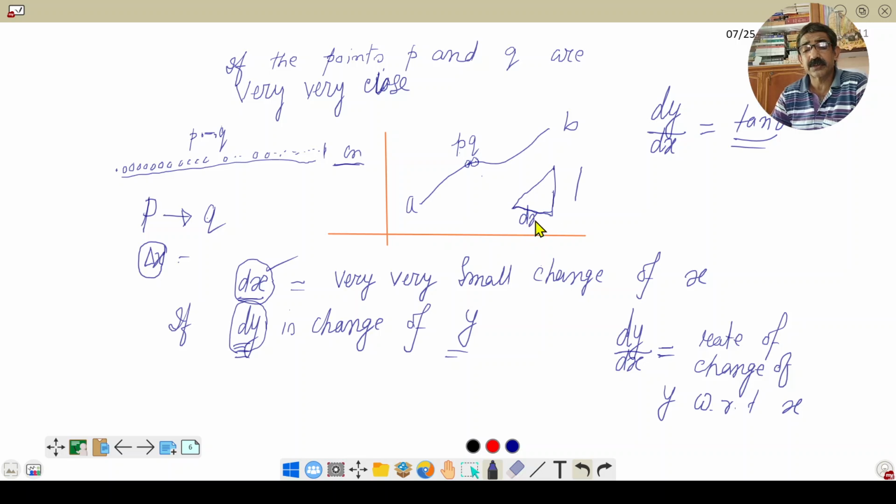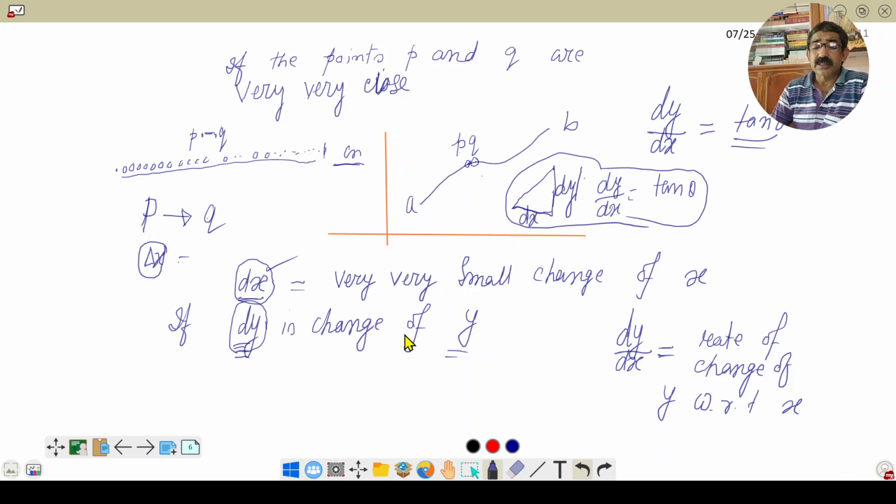This is dx, this is dy, and dy by dx is equal to tan theta. Okay, so this is about slope. Slope and rate of change are similar, close ideas. And this is all about this class.